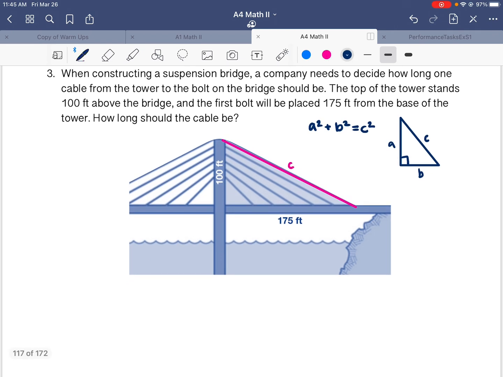And then we're going to just plug in what we know. So we have 100 for A, and then 175 for B, and then not sure what for C yet. 100 squared is 10,000. I have 4 zeros on there.